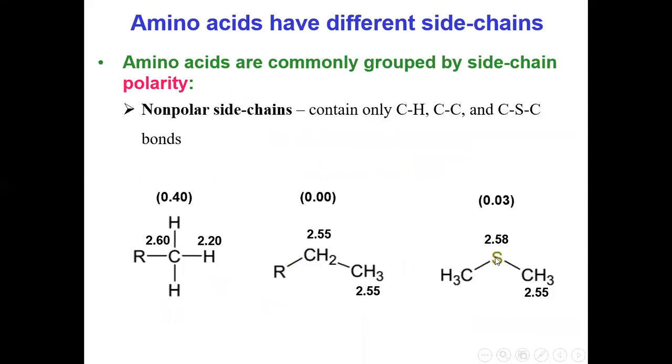The sulfur is bonded to two carbon atoms, and this whole group is considered to be non-polar because of two reasons. The first is that the difference in electronegativities is small, but more importantly, the two carbon atoms face opposite sides of the sulfur, which means that the very small dipoles that do exist here and here cancel each other out. So all of these groups are considered to be non-polar.